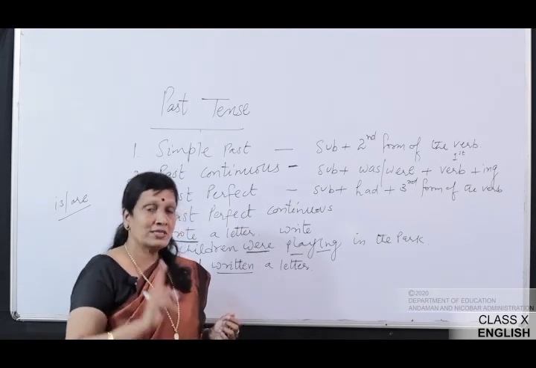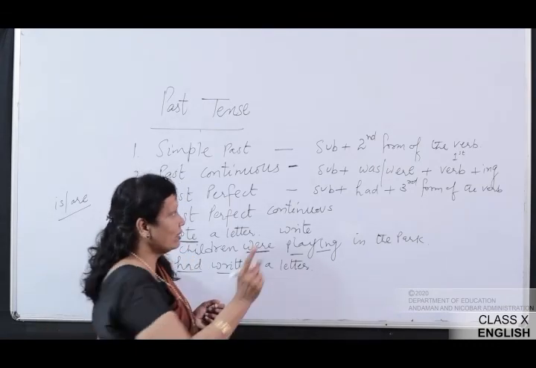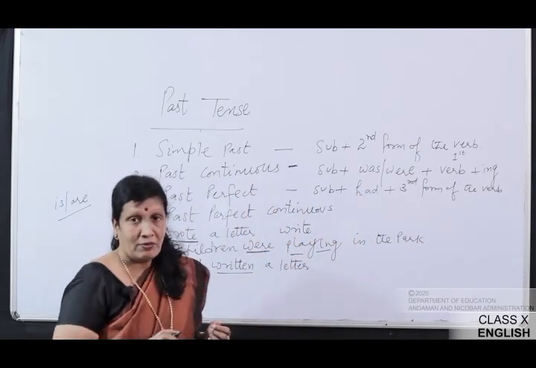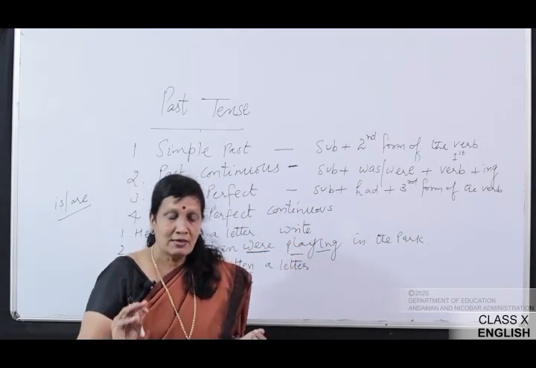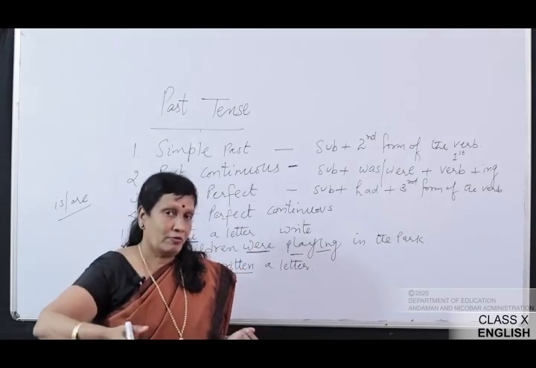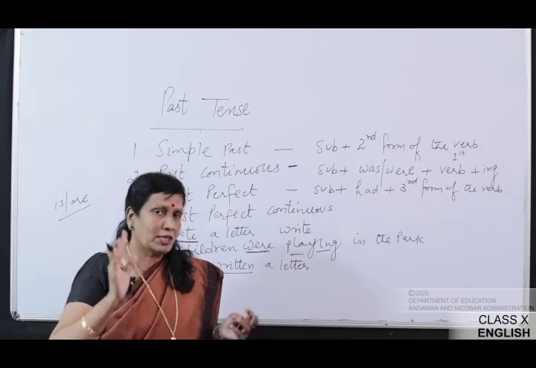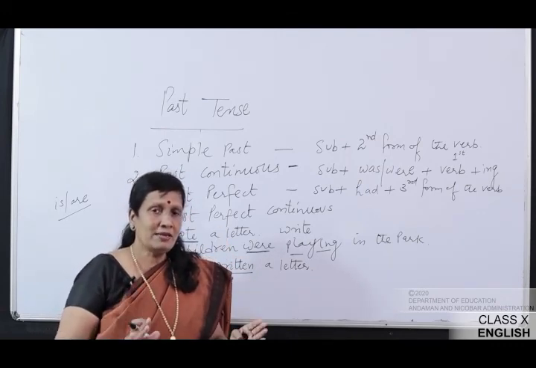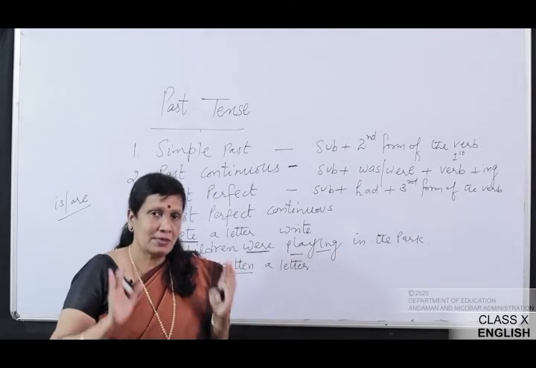Write, wrote, written. So whenever you are using the perfect, whether it is the present perfect, the past perfect or the future perfect, perfect means complete, the action which has been completed.